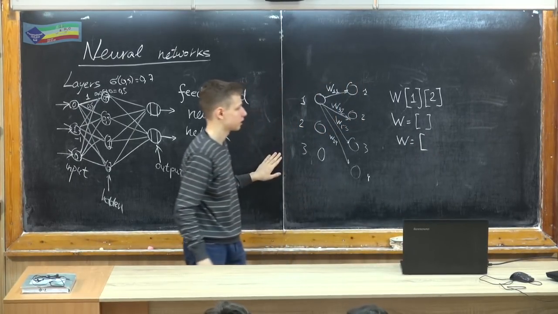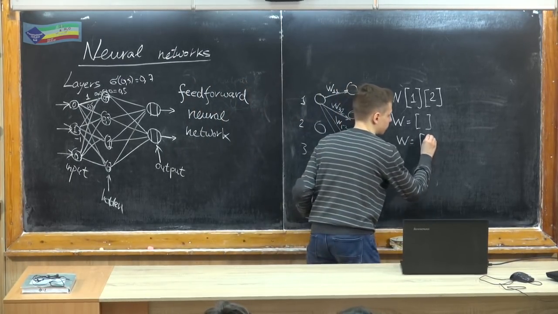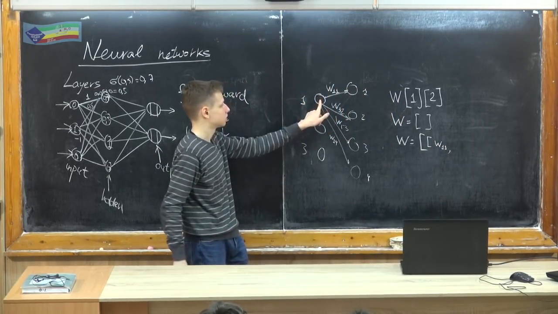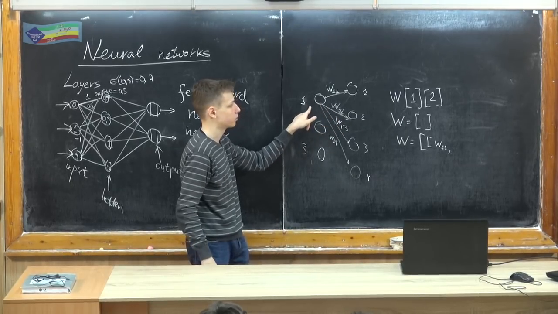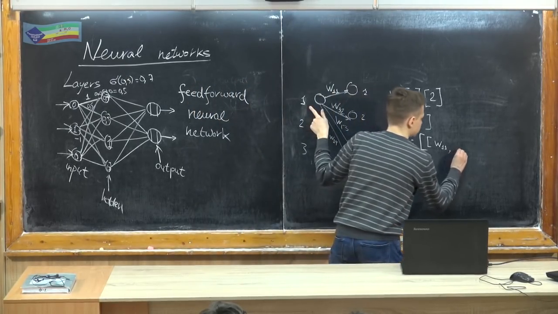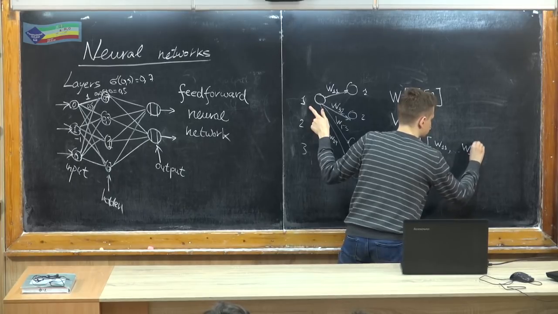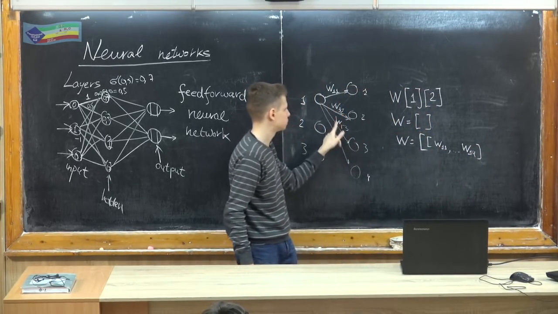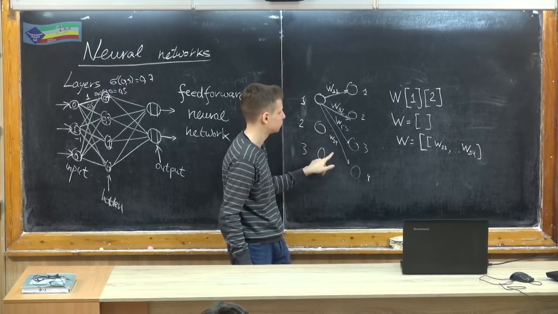It will look like that. We have a first list, which will be all weights of connections which are going from the first neuron: weight 1, 1, weight 1, 2, weight 1, 3, and weight 1, 4.